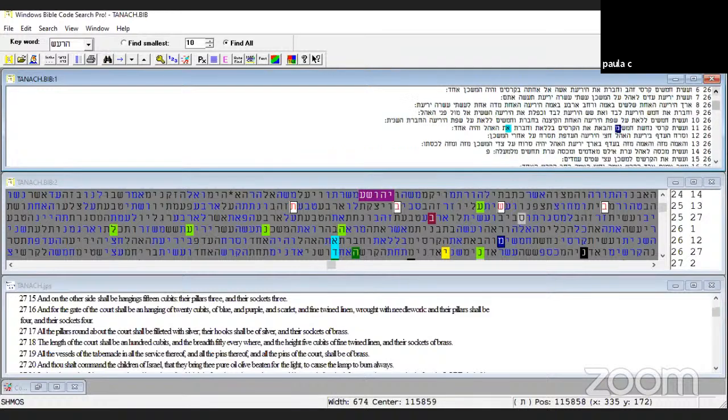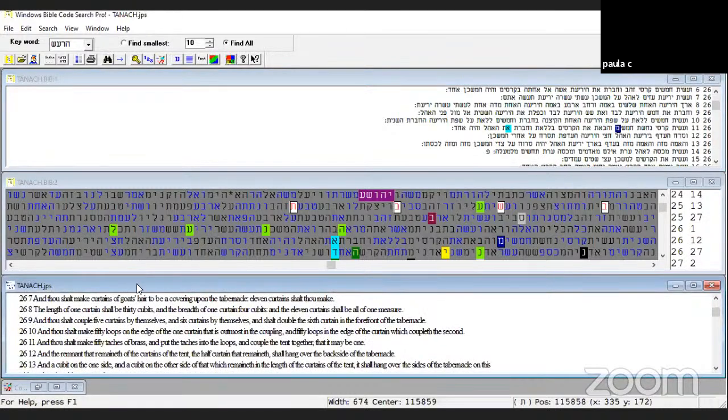Okay, so it's Exodus 26:11. And see what's happening here is instructions are being given in this whole Exodus portion for the making of the altar and all the instructions.